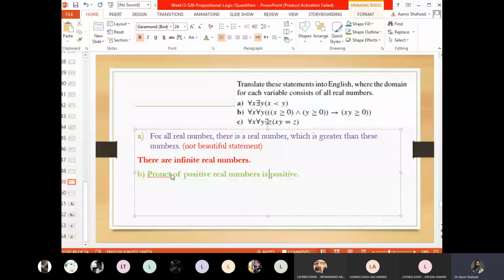चलें 2 की बात हो रही है, so we can write it down that product of 2 positive real numbers is positive. Although it doesn't matter कि 2 number हैं या 2 से ज़्यादा हैं, so product will always remain positive. So for all x, for all y, x is, it's actually non-negative because it's greater than equal to 0.